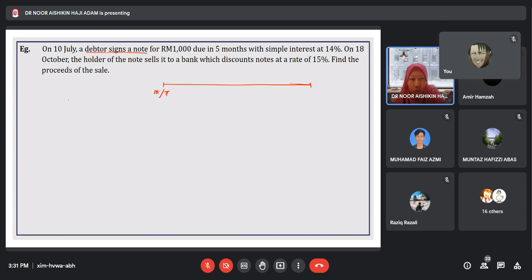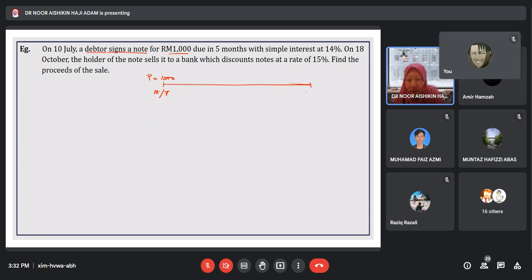Sebab that is the date when the debtor signs the note. Yang macam Abu tu tadilah. What is that RM1,000? Di atas 10 Julai tu. Yeah, principal of the loan. RM1,000. So the debtor gets RM1,000 on 10th of July. Macam cerita Abu tu lah kan?